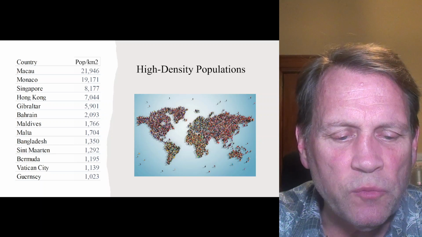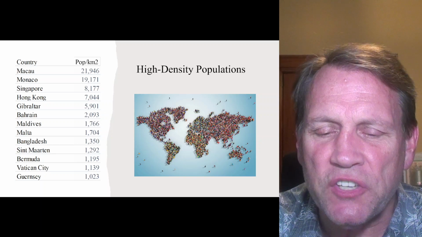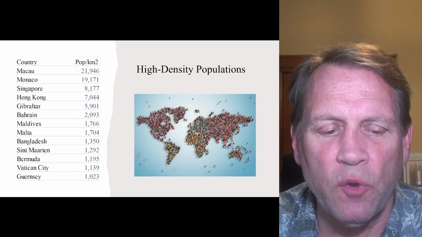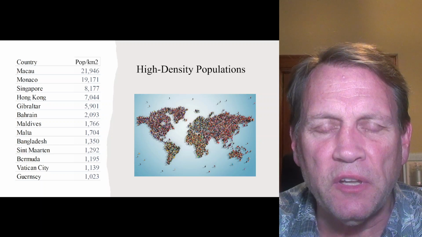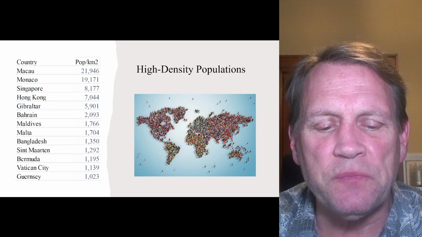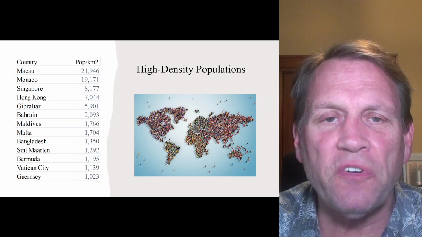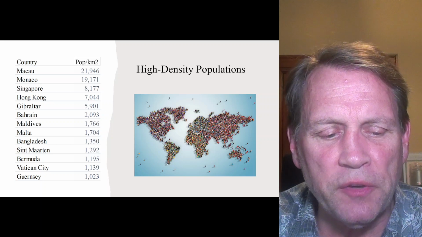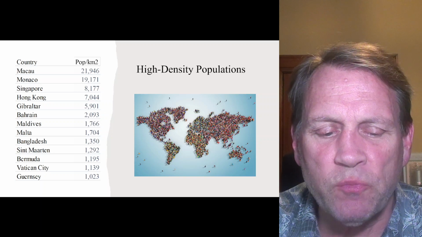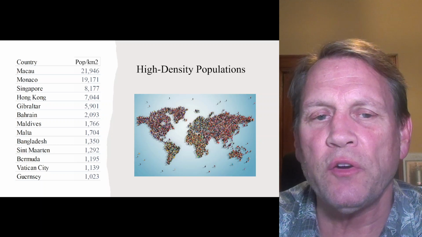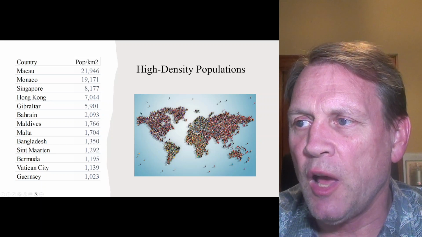The main reason would be, of course, the enormous populations of both China and India, both of which have more than 1.4 billion people living in their respective countries. India has a population density, though, of almost 500 people per square kilometer, while China has much more land and a population density of only about 150 people per kilometer.